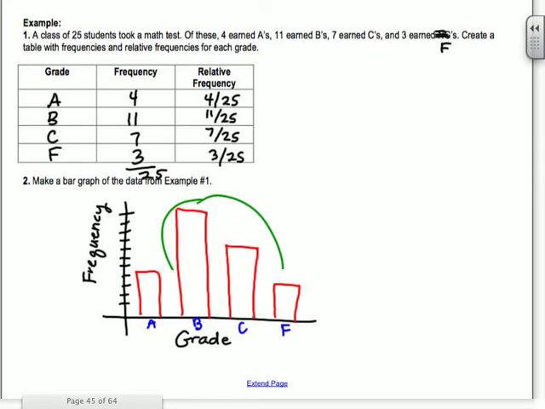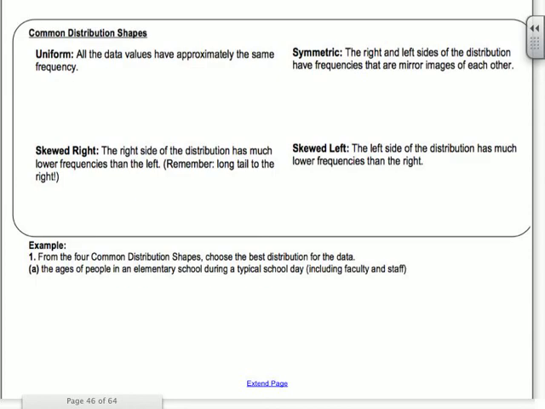Okay, so uniform, all the data values have approximately the same frequency. So if we had an equal number of A's, B's, C's, and F's, it would just be kind of flat across, right? All our rectangles would be the same height. Okay, so a uniform is going to look just like this. So it's just like straight across. Okay, symmetric, the right and left sides of the distribution have frequencies that are mirror images of each other.